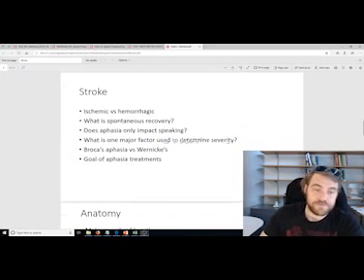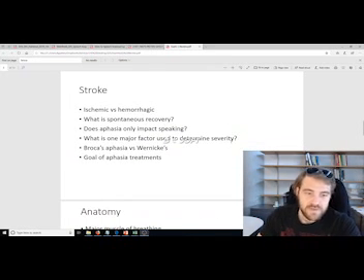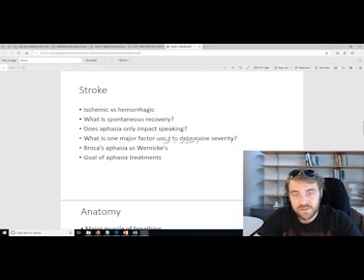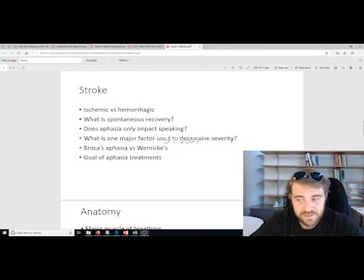Okay, stroke. So ischemic versus hemorrhagic. This is a pretty easy question. Hemorrhagic, right? Like a hemorrhage, a vessel will actually burst, and there will be actually blood inside the cranial cavity. So the blood flow is not getting where it needs to because it's open, it's coming out.